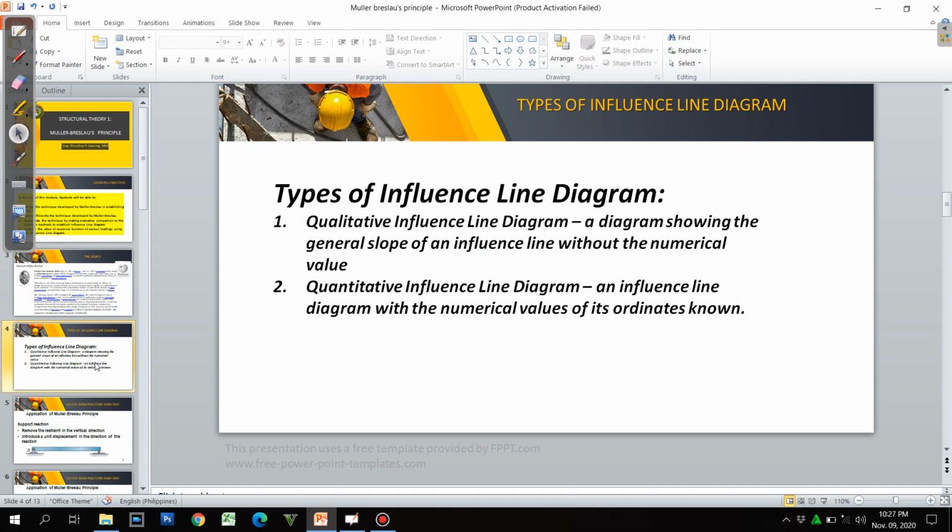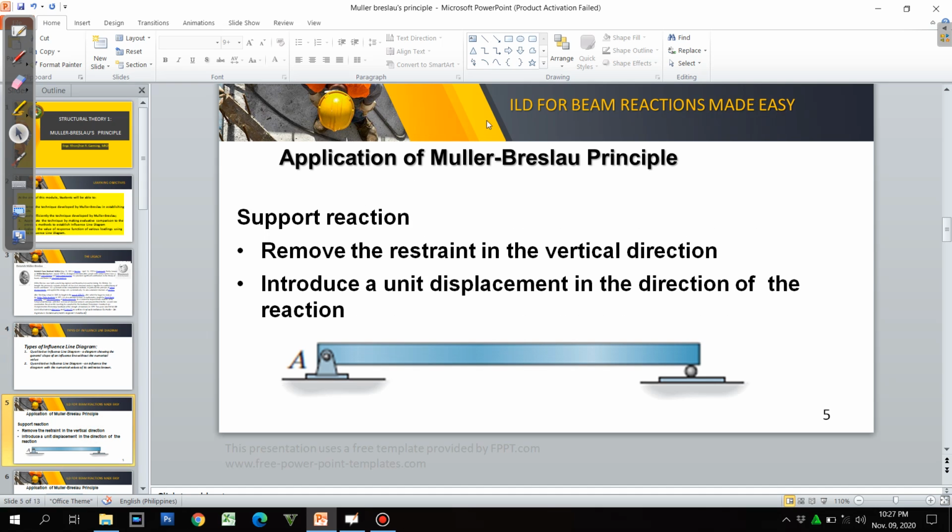So this time, we are going to first establish the figure and then determine the ordinates. That is from qualitative to quantitative. So ILD for beam reactions made easy. So this is now the application of the Mahler-Breslau principle.